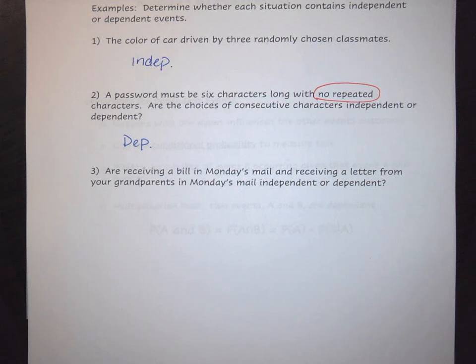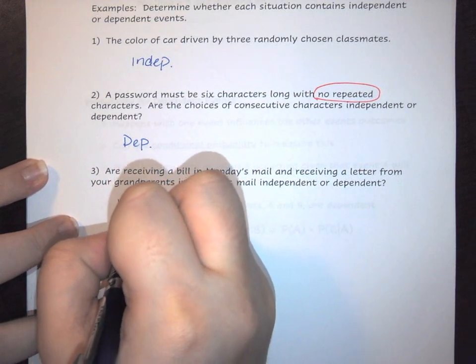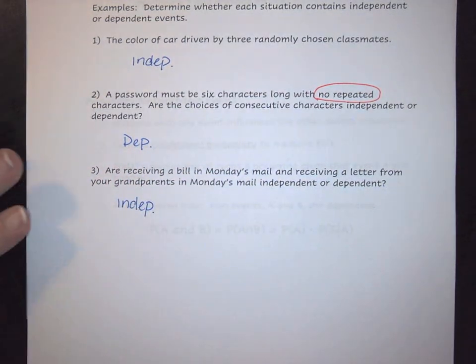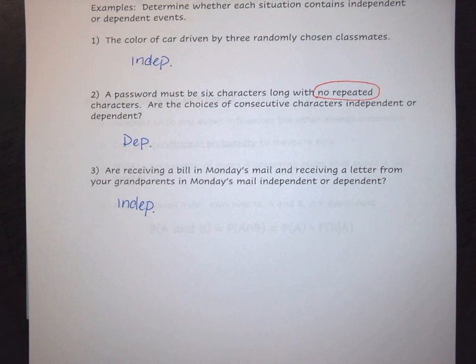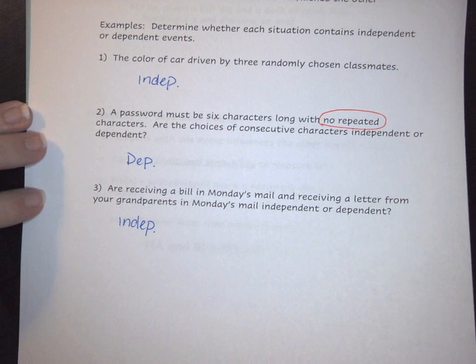You're just going to get in the mail what you get in the mail. Since none of those events are influenced by or depend on the previous events, this would be considered independent.